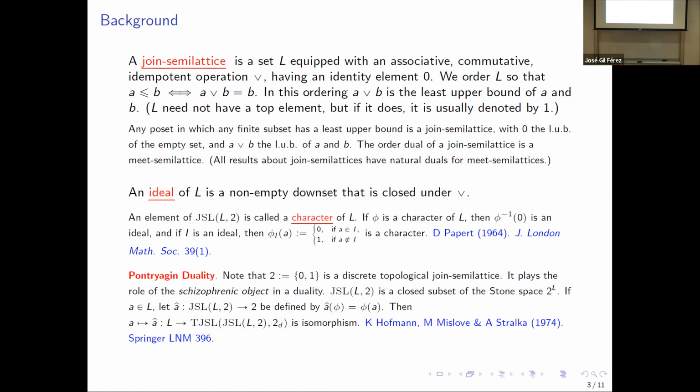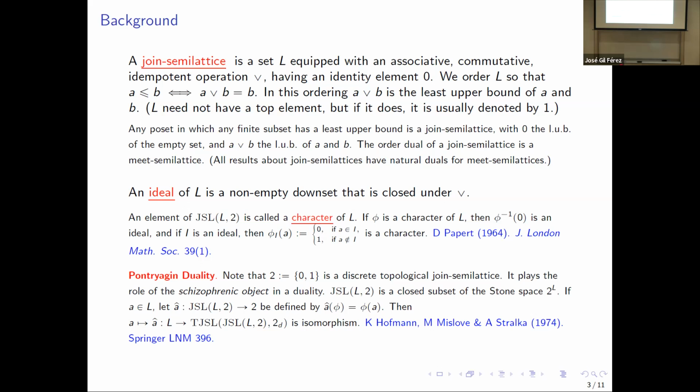And conversely, if we let A hat be the evaluation map, then it's a topological join semilattice mapping as described there. And we get an isomorphism. I don't want to talk about this in detail, but it's there and it should be investigated.